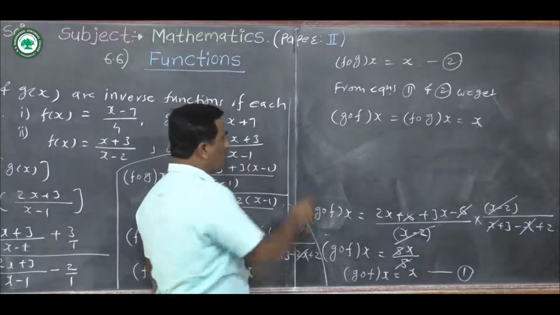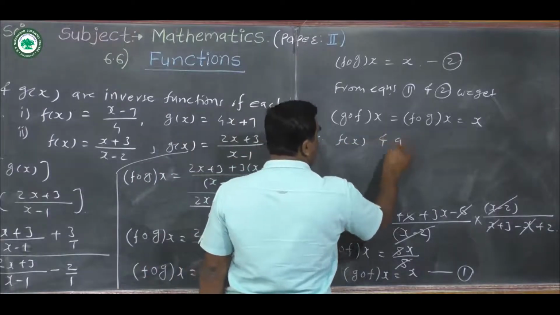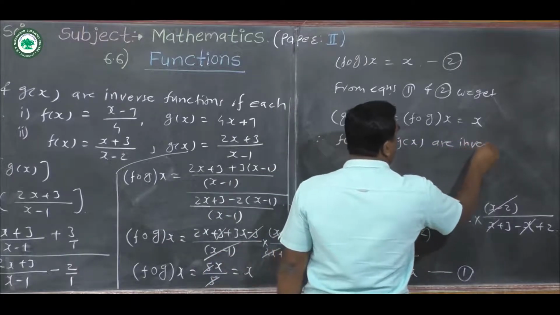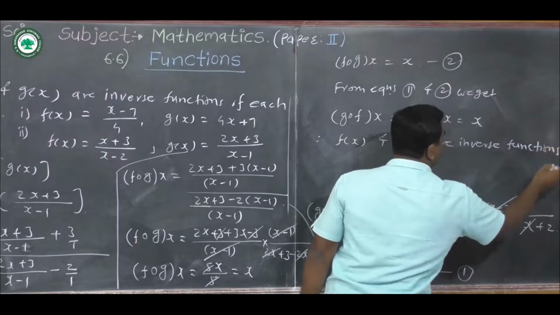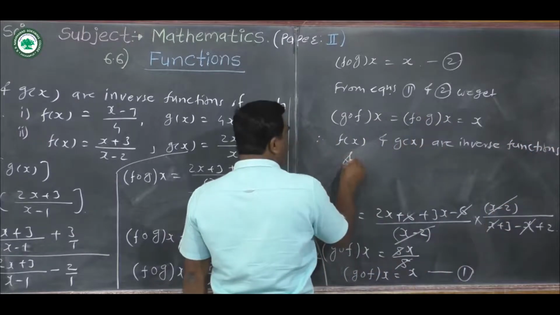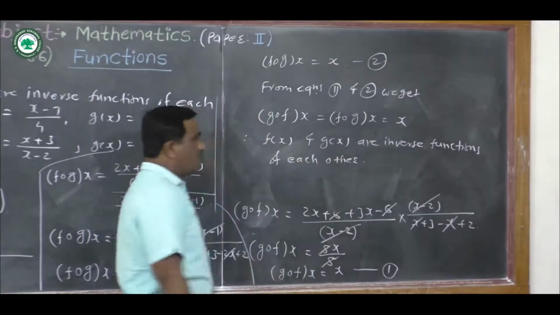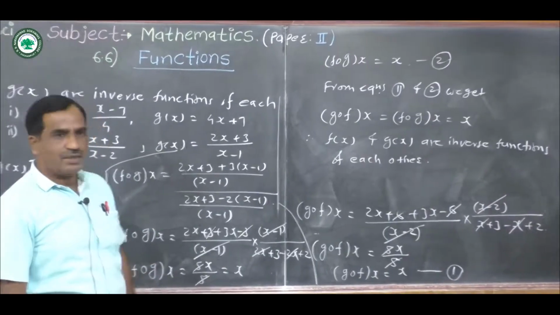Okay, therefore functions f of x and g of x are inverse functions of each other. That is, f is the inverse function of g and g is the inverse function of f.